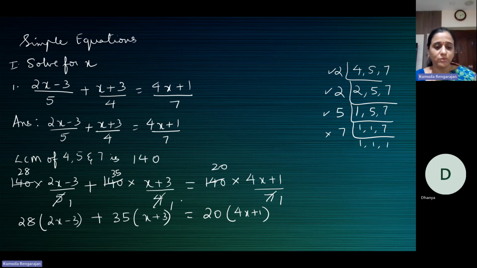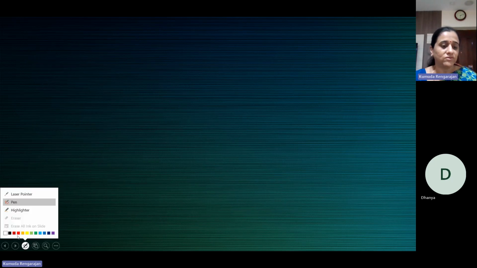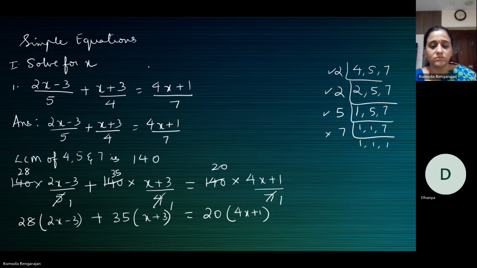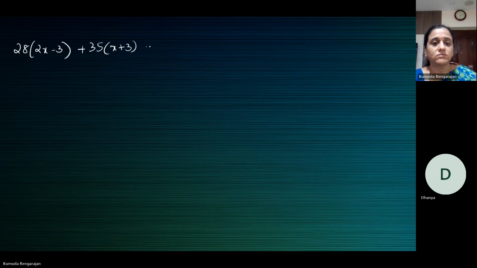I'll just repeat the step on the next slide. 28 into 2x minus 3 plus 35 into x plus 3. Now we need to open up the brackets.